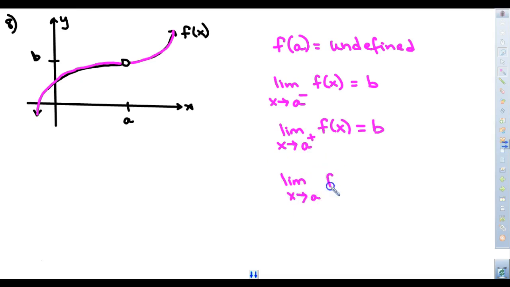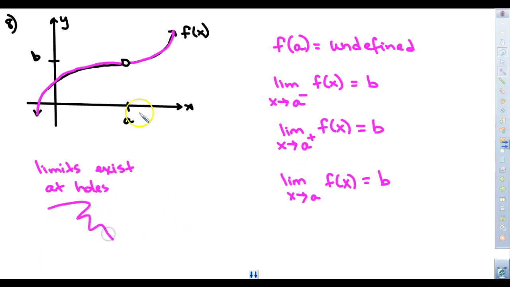Okay? So really, if you're not quite getting what I'm saying here, always remember this. Limits exist at holes. A lot of students think they don't, but they do. Okay? Limits will exist at a hole in your graph. Okay? All right. Now, is f of x continuous at a?